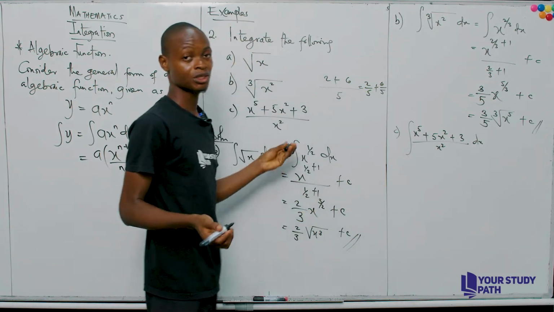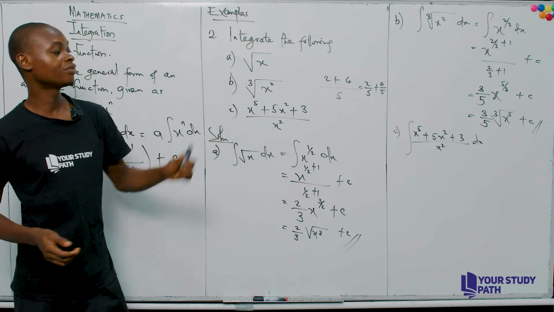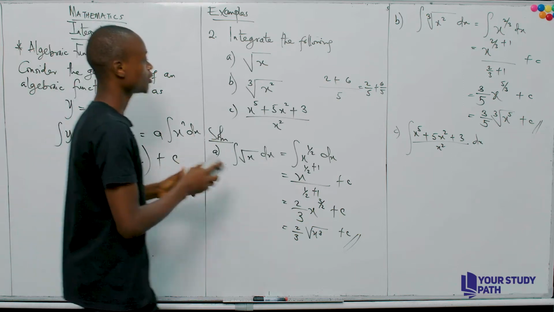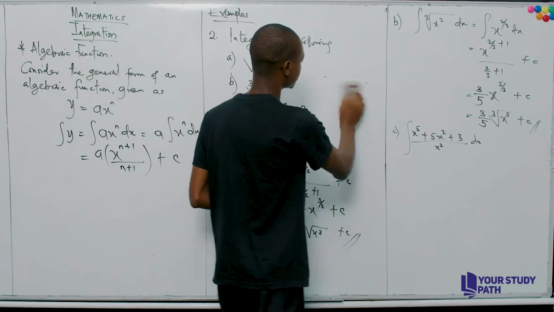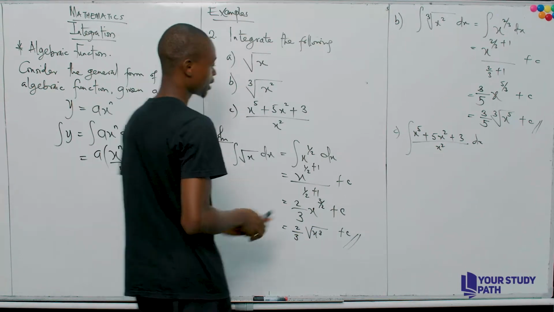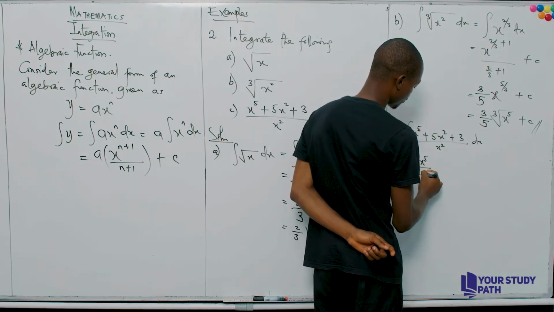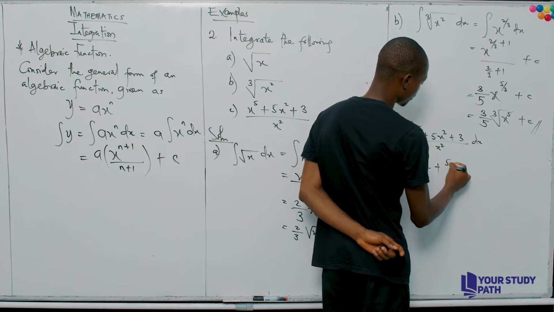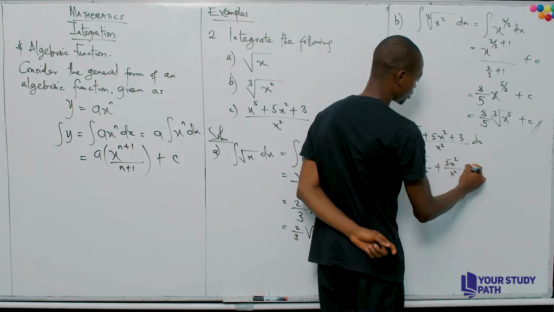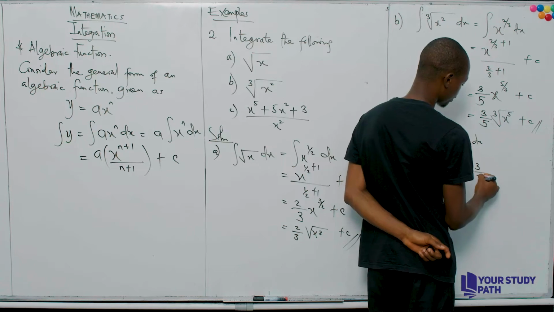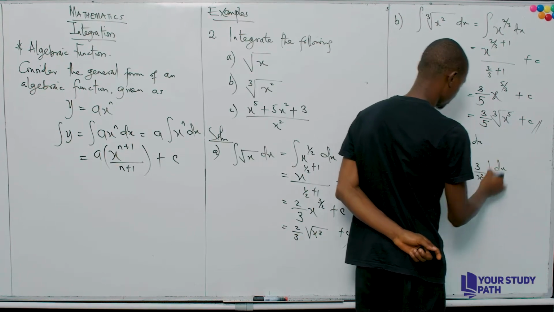By concept of LCM, we can do that same thing here. So I can easily split this as the integral of x to the power 5 over x squared plus 5x squared over x squared plus 3 over x squared dx.